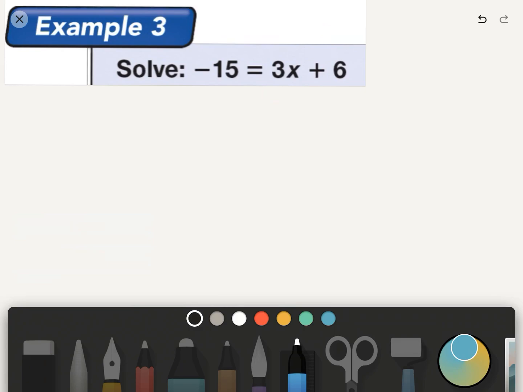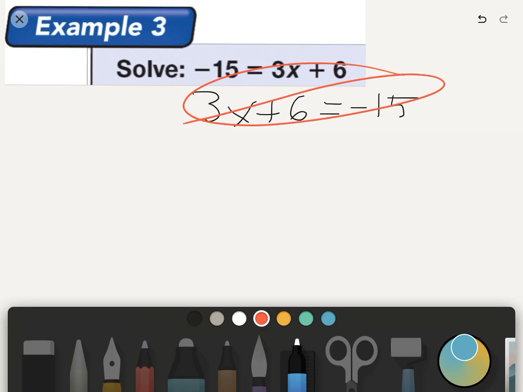But that doesn't actually really mean anything. We could just as easily write the problem as 3x plus 6 equals negative 15. It would change absolutely nothing. We aren't going to do that this time. We'll solve it as is.